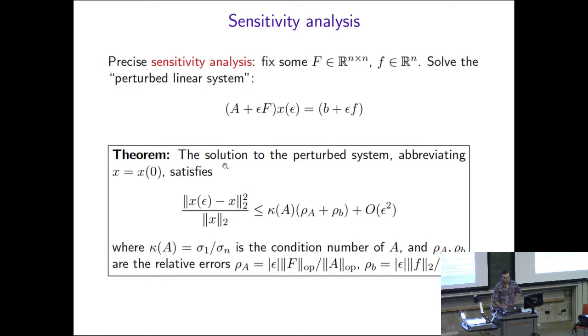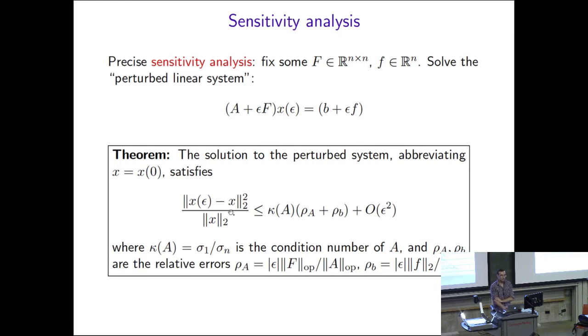So here's a classic theorem, and I put the proof on the next slide. The solution to a perturbed system like this one satisfies the following bound in terms of relative distance to x, the solution to the system when epsilon is 0, our original system Ax equals b.